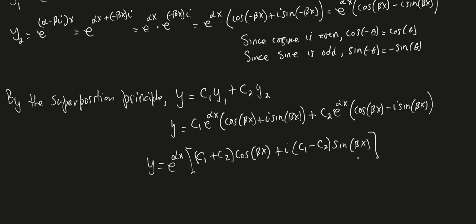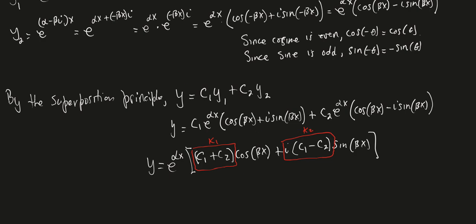But if you notice, this is just another constant. I can just label it as K1. And the I is a constant too, it's my imaginary unit, so this entire coefficient is a constant. I can just call it K2.